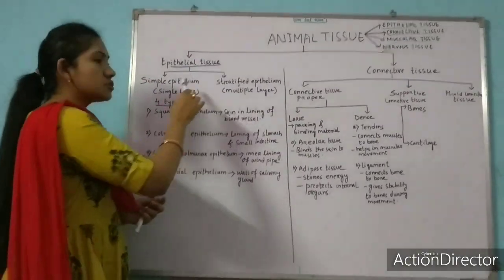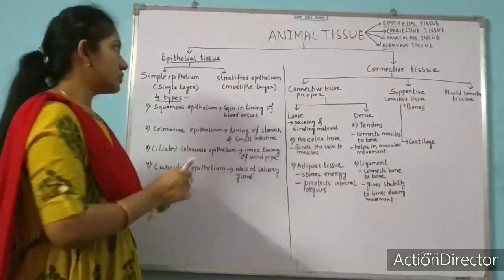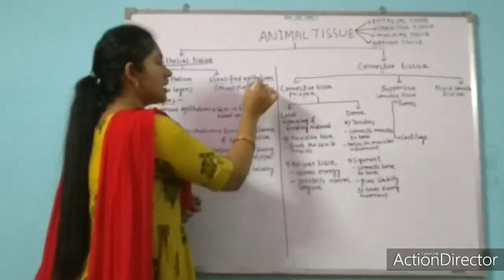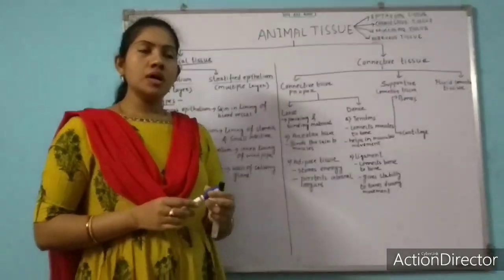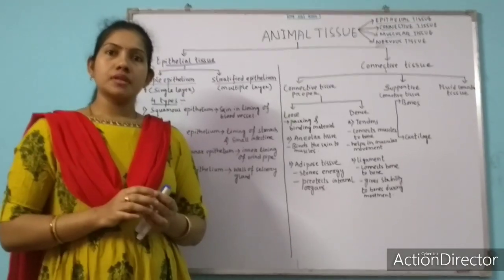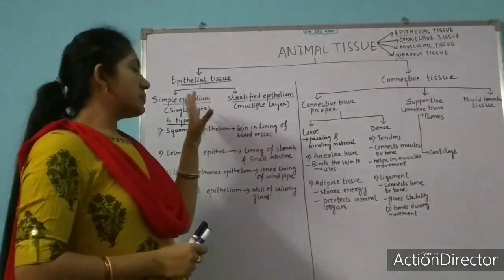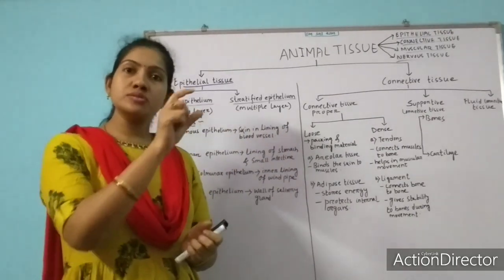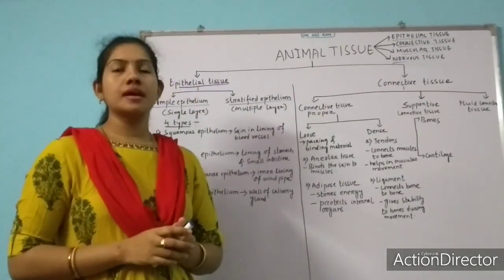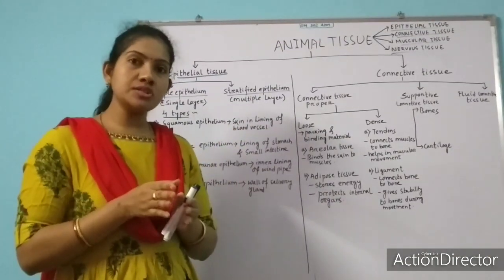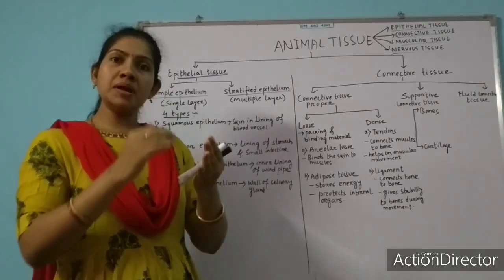Epithelial tissue can again be categorized into simple epithelium and stratified epithelium. Simple epithelial tissue has only a single layer of cells, and stratified epithelial tissue has multiple layers of cells.